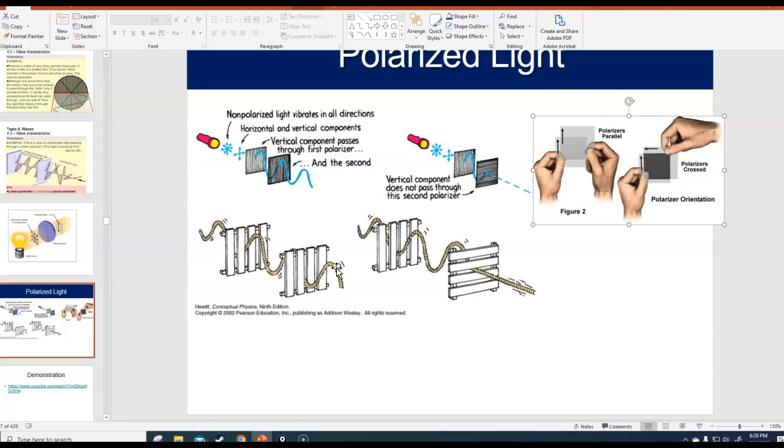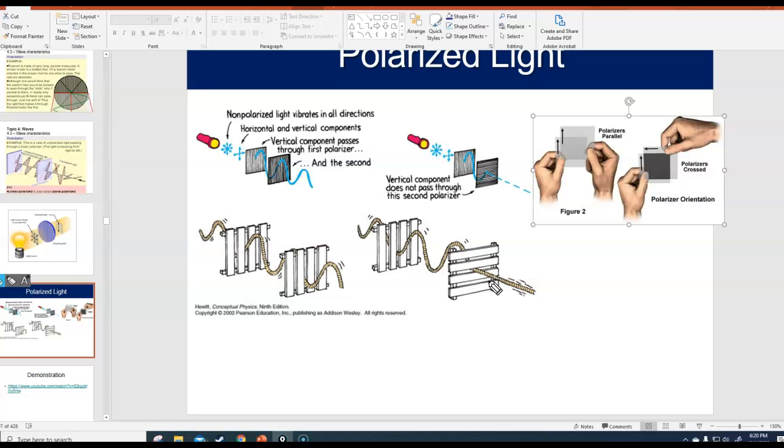And the reason is kind of obvious if you're looking at the slit. Here in this second picture, down here you can see this wave comes in, it goes through this first slot in the fence, and it's polarized up and down. When it gets to the second one, because these slots are horizontal, the wave on the string can't get through.